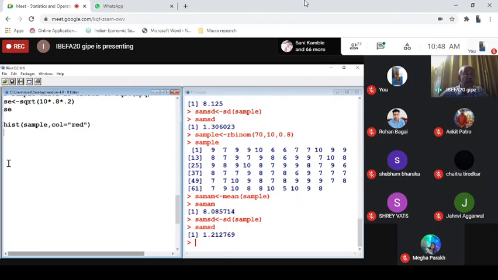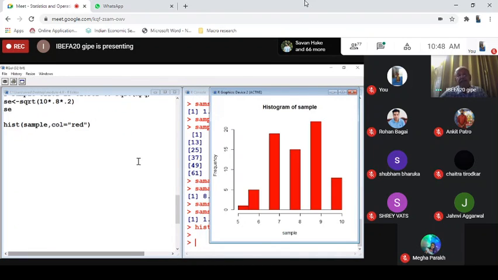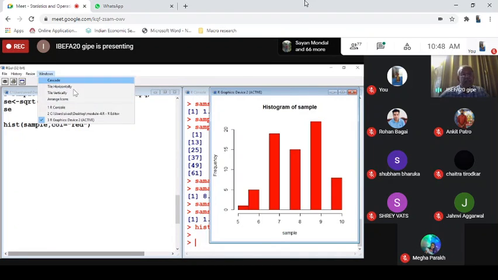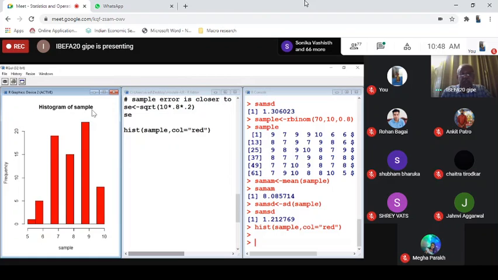Let's see, am I going to get the graph? What does it mean? In my sample, do I have values 0, 1, 2, 3, 4?